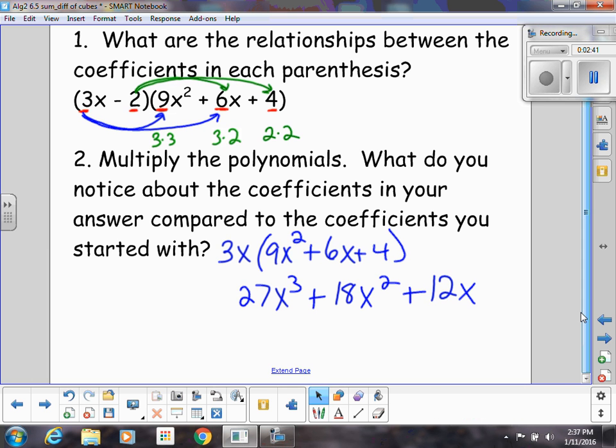Then when I distribute the negative 2, I'm going to be doing negative 2 times all of that. I'm going to write this over here.